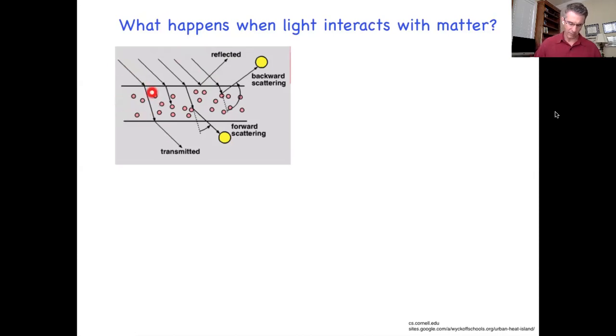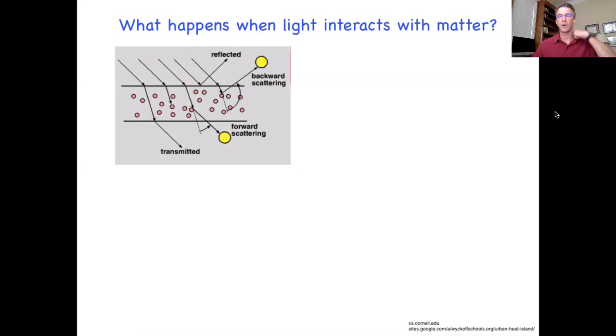And again, if the index of refraction of the transmitting medium is different from the incident medium, the wave velocity of the light transiting that substance will change, will slow, and the light beam will bend, or refract. You hopefully remember that. Depending upon the type of the intervening medium, the transmitted light can actually scatter.